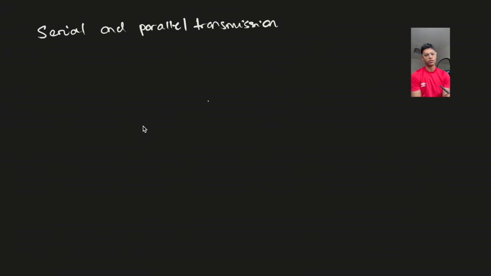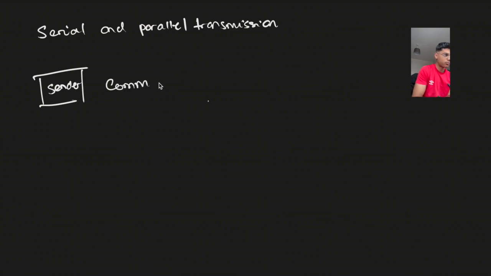Serial and parallel transmission is essentially how a sender and a recipient communicate. As usual, I'm not going to get into too much technical depth, but essentially we have a sender communicating with a receiver.